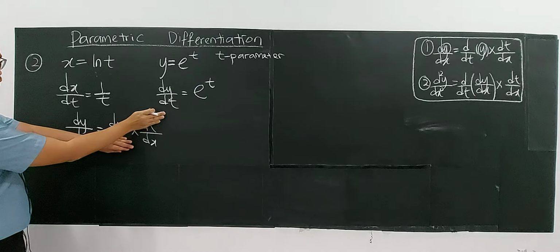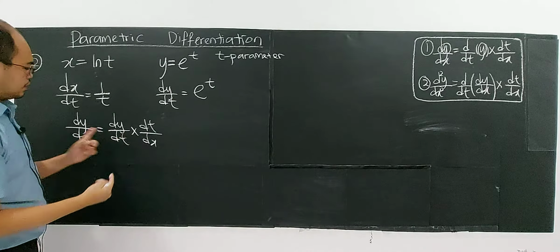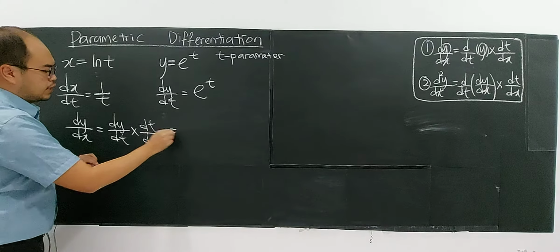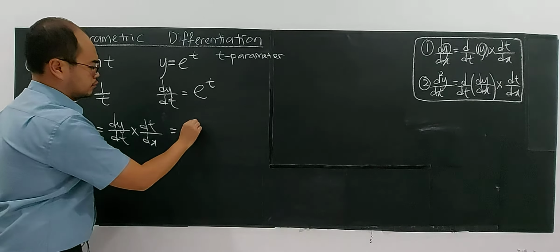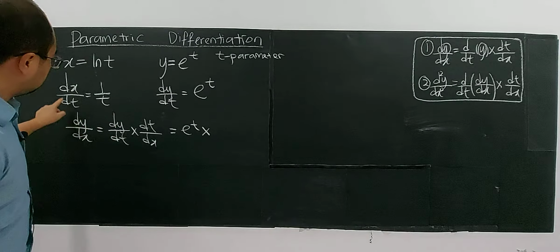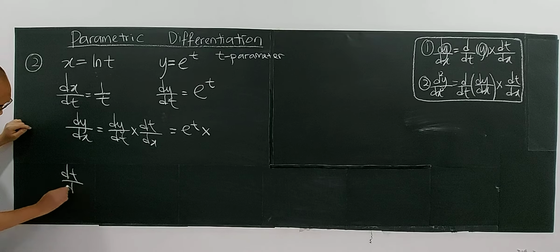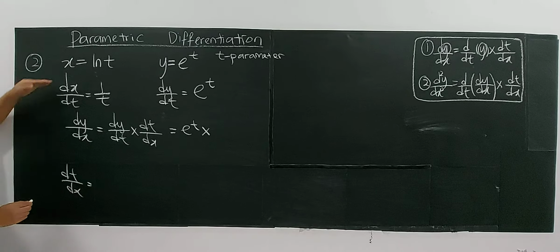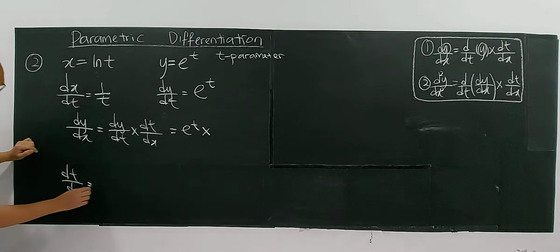As you see, I am getting dy/dx. So dy/dt is e^t, multiplied with dt/dx. Since dx/dt is 1 over t, dt/dx is t over 1.